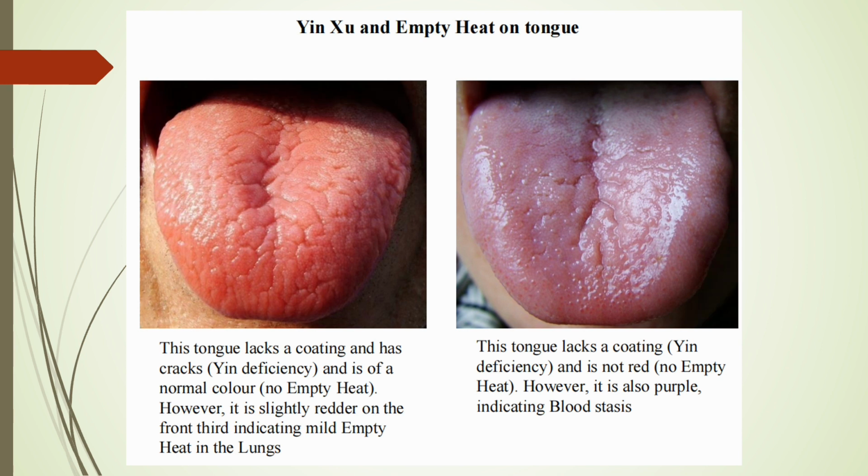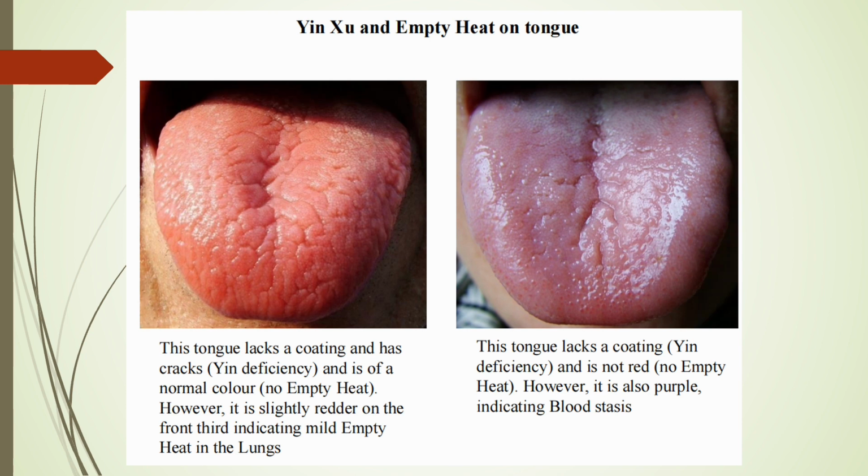The tongue on the left lacks a coating and has cracks, so that's yin deficiency, and is of a normal color, no empty heat. However, it is slightly redder on the front third, indicating mild empty heat in the lungs. The other tongue lacks a coating, yin deficiency, and is not red, no empty heat.